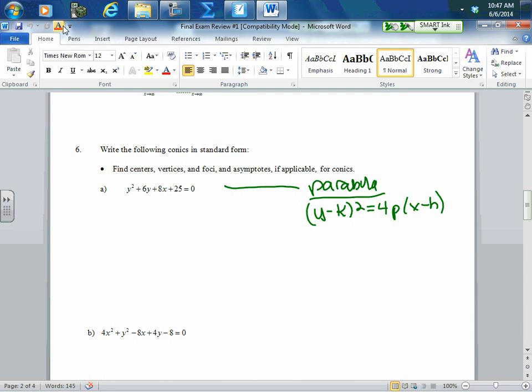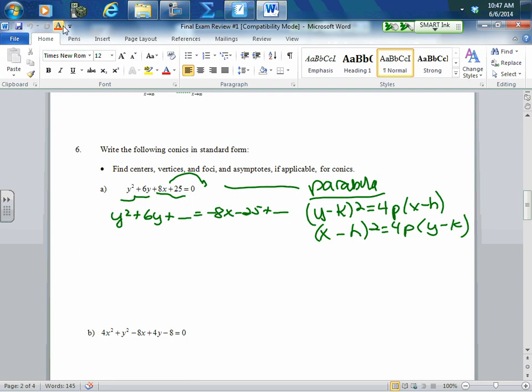Well, let's do this one. I'm only completing this. I need to move these guys to the other side. This is my parabola. My other side, if it's opening up and down, is this setup. And remember the 4p? That helps you find your directrix, your focus.